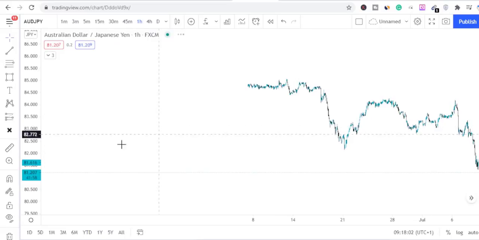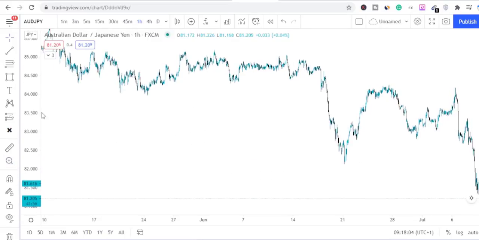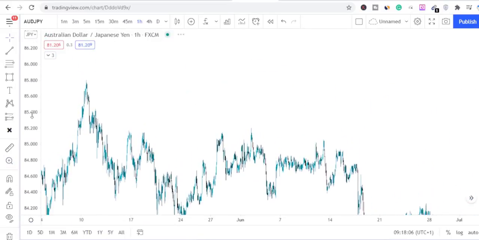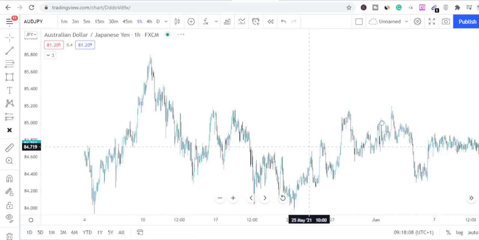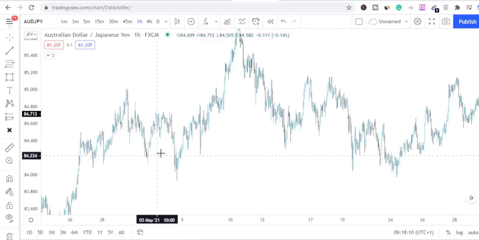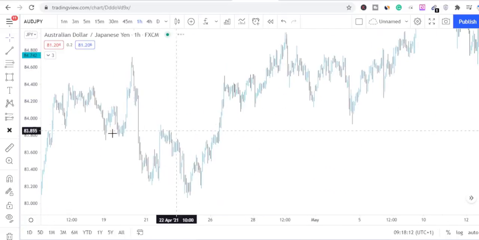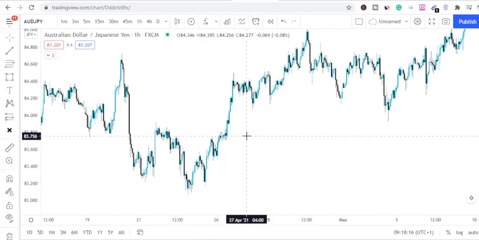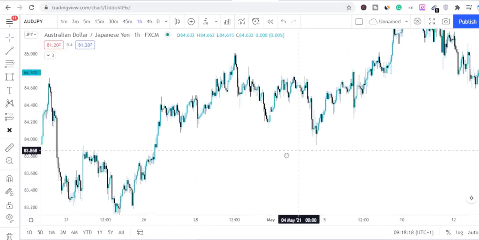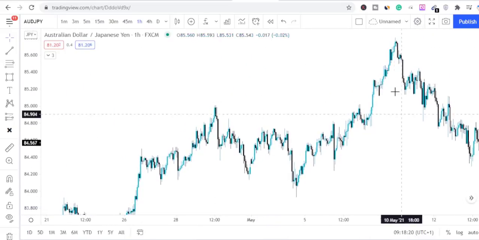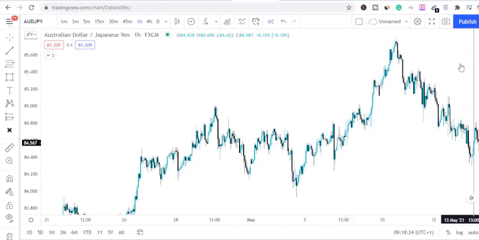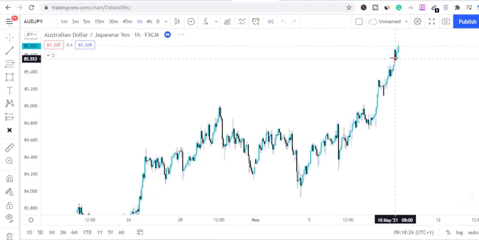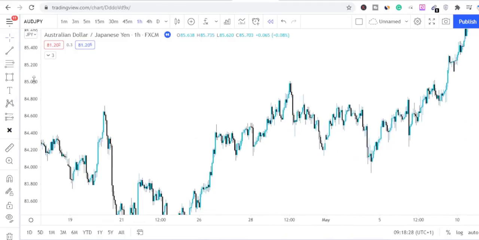Okay. So when we talk about discount level, we're talking about buying opportunities, right? But you don't have to buy blindly, you need to buy at the right time. Okay, so I'm going to use this as an example from this point. So therefore I'm going to remove these levels, I'm going to remove this level so it can be easier on us, right?